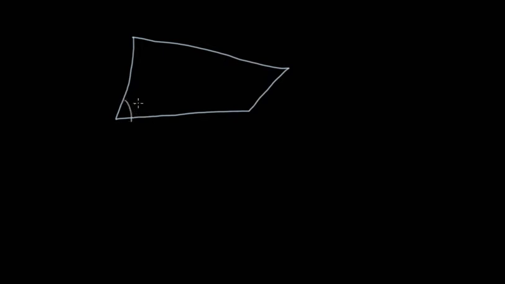What you will often find is you'll often get something like this. So you've got angle here is 75 degrees. This angle here is 2x. This is x plus 50. And this is 3x minus 5.